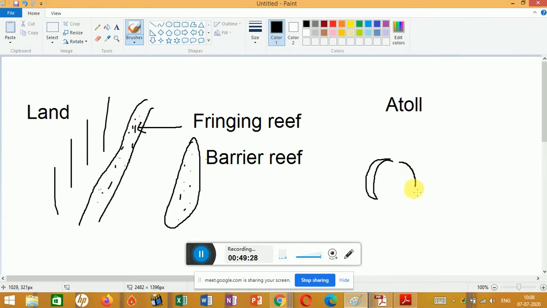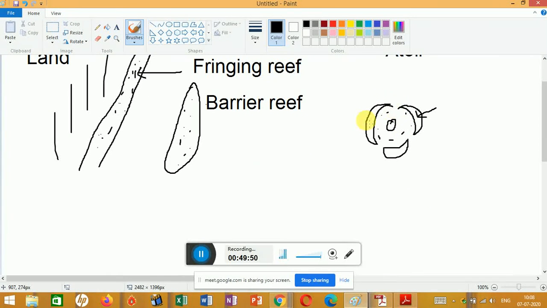This is another crescent shape island formed by coral, and this is another crescent shape island formed by coral, and in the middle you will find a small rounded island, and here lies water. So here you will find water, and these are the coral islands, all together known as atoll. So atoll is a circular coral island.